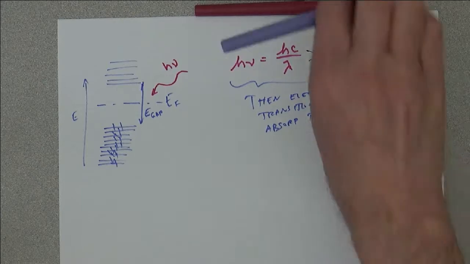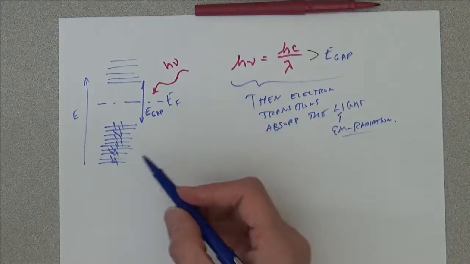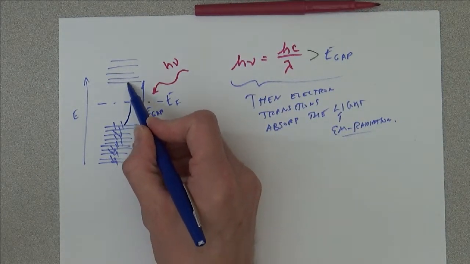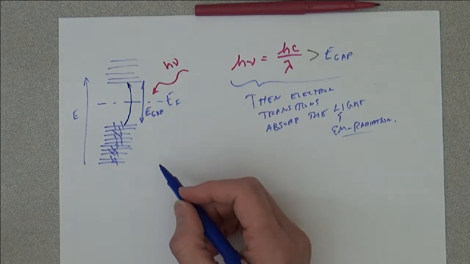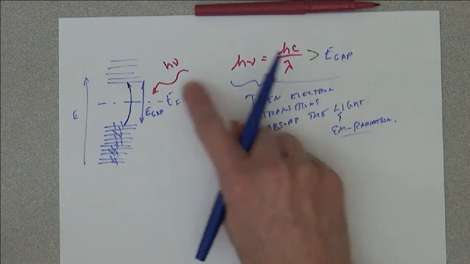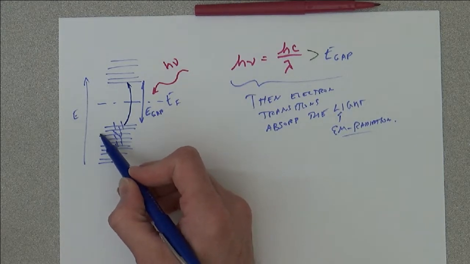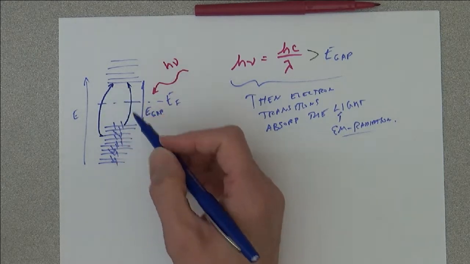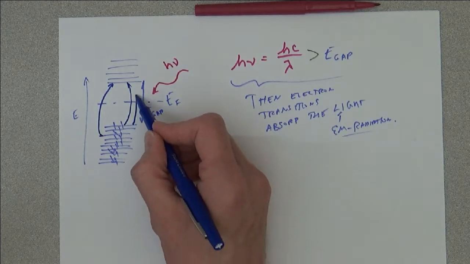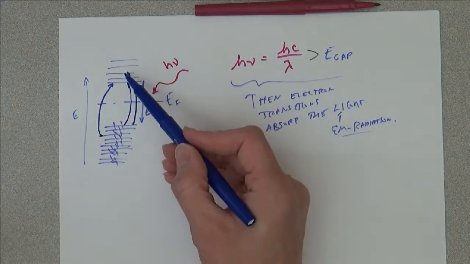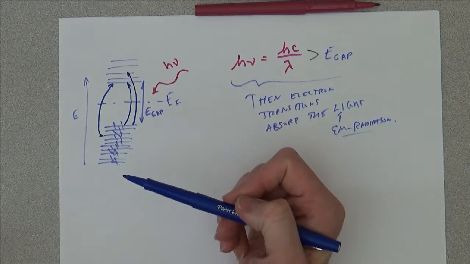And this process can be just going straight across the fundamental gap, but if we have a high enough energy, it can also involve lower electron levels coming up, or electrons being promoted up into higher energy levels.